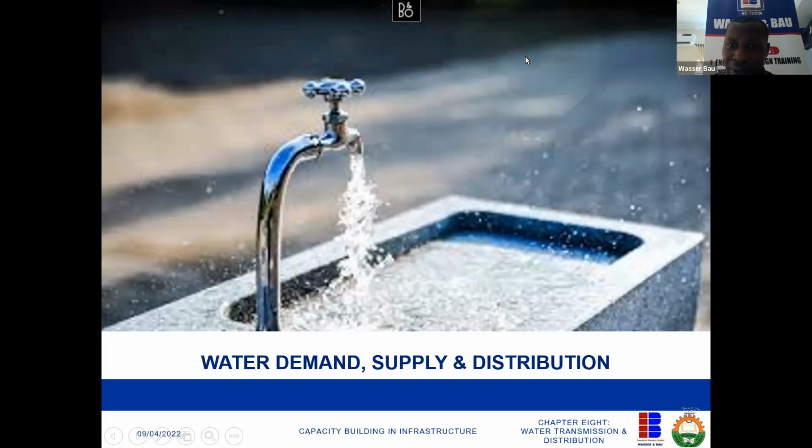Since it's by gravity, the difference between the lowest point and the highest point gives you the pressure of your network. If the pressure is not up to 2 or 3 bars, depending on other conditions, then you know how far to raise your elevated tank to get more height, so that the water can flow very well.